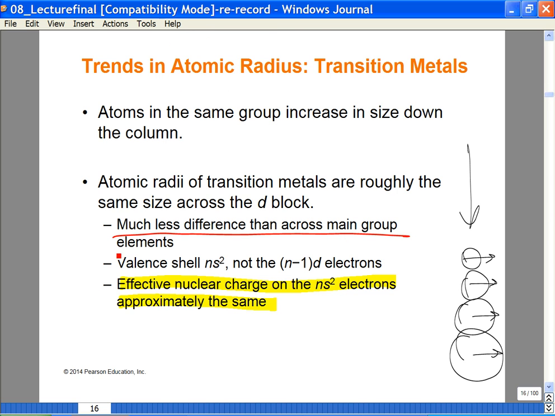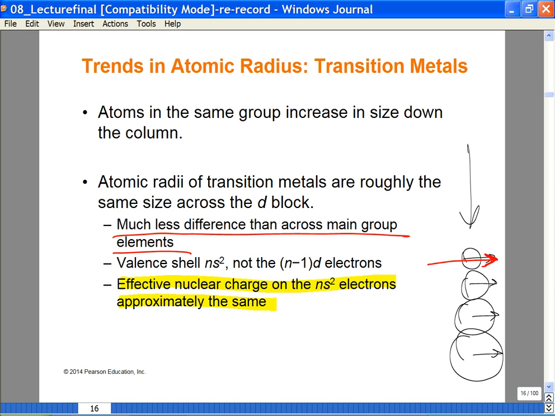We went into a lot of detail on this in class. We went into a lot more detail than we really needed for you to know. But what I really want you to carry away from this is that across a period for the transition metals, there's a whole lot less difference in size, and it's not as predictable.